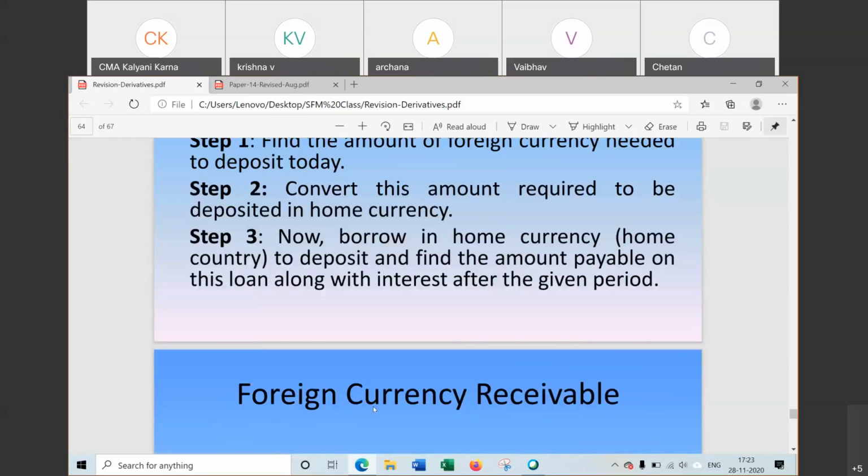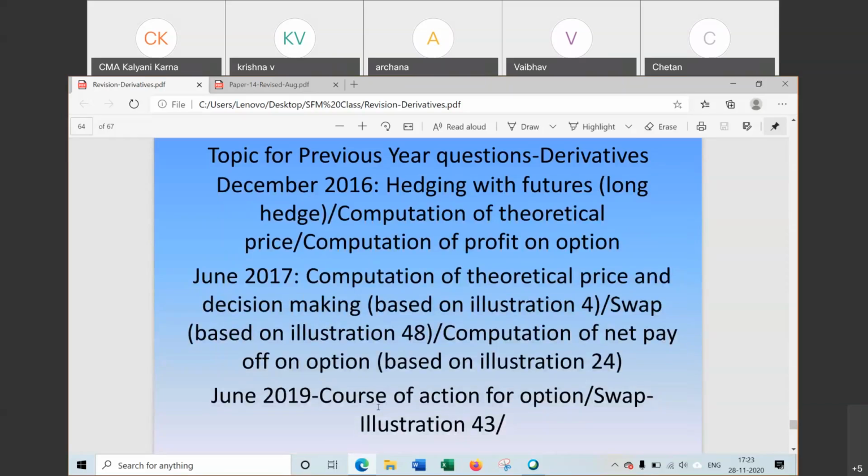And in chapter 10, that is swap, option, simple case, that is computation of profit on option, and computation of theoretical price, mostly when dividend is given.